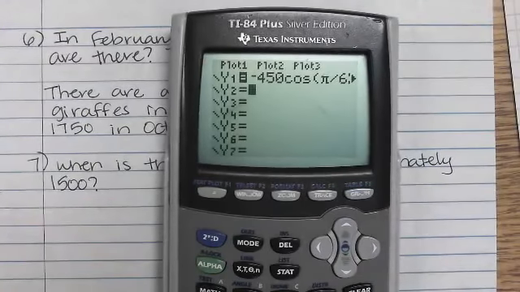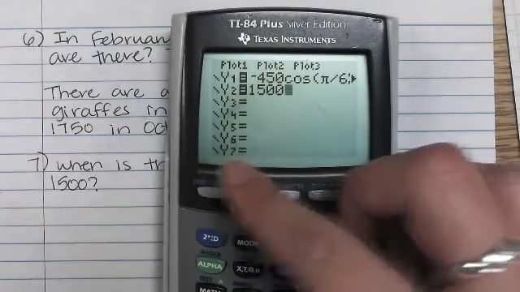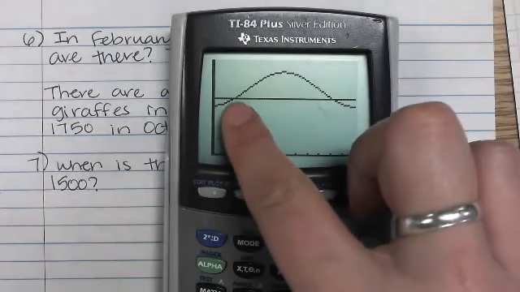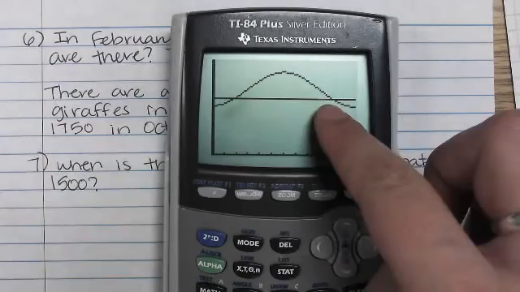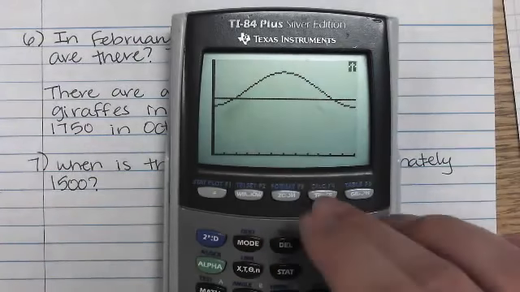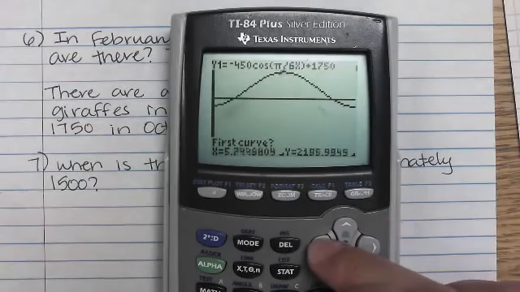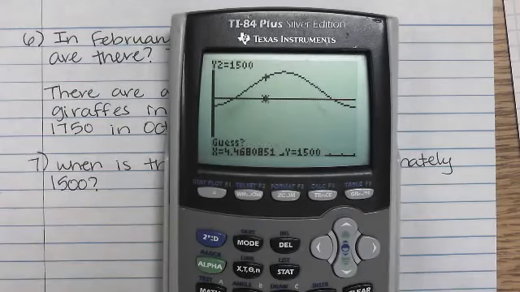We're going to graph y2 as 1,500. That's going to put a horizontal line on the screen at 1,500. And so we know that the population is approximately 1,500 right here, and it's approximately 1,500 right there. So second trace, intersection, and it doesn't matter where I put the cursor. It just has to be closer to one of the intersections so that I can find that. So I moved it, and then I pressed enter 3 times.